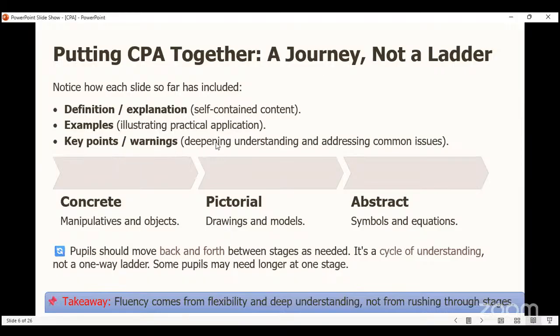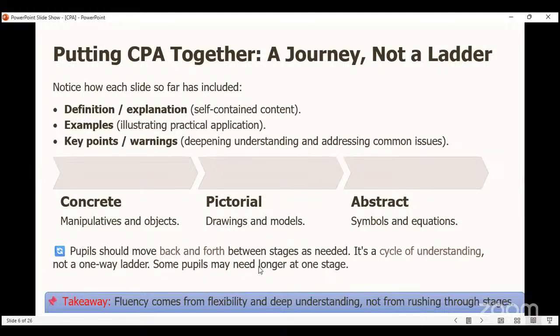Key points: deepening understanding and addressing common issues. Let's look at concrete. Concrete means manipulatives and objects. Pictorial, drawings and models. Abstract, symbols and equations. Pupils should move back and forth between these stages as needed. It's a cycle of understanding, not a one-way ladder.